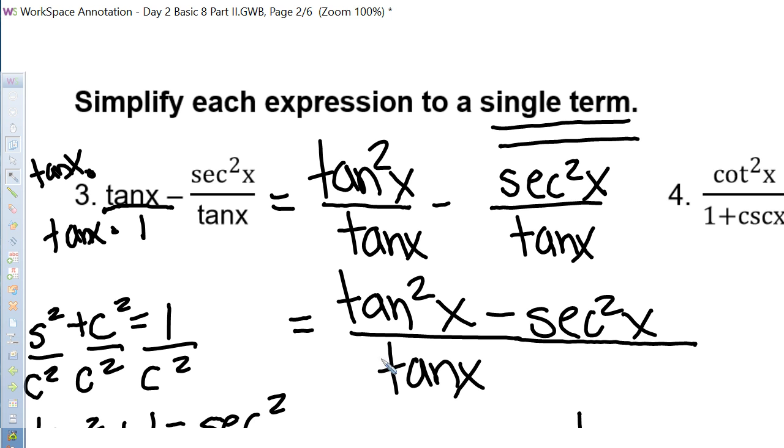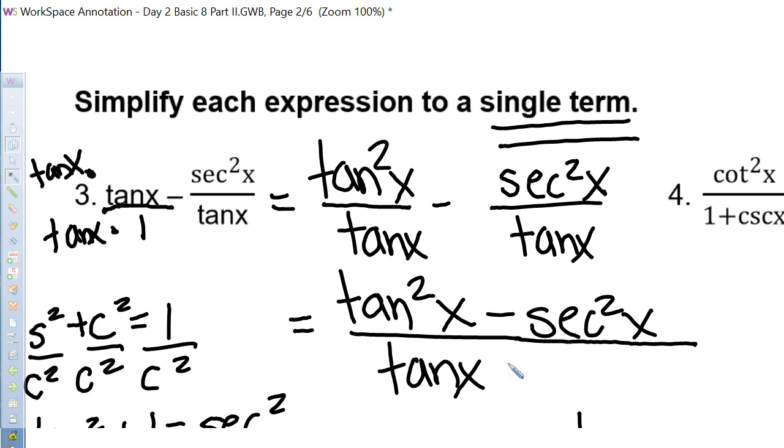And what is that equal to? 1 over tangent of x is equal to cotangent. But because of this negative, this would be negative cotangent of x. Now I got it down to a single term, so I know I'm finished with number 3.